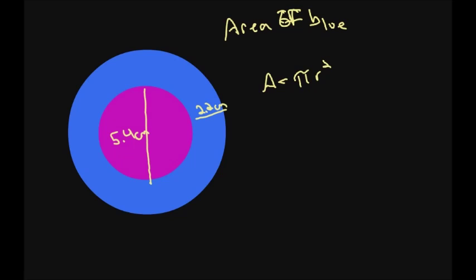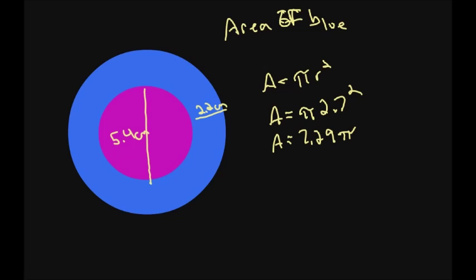Well, I have a diameter, so I'm going to take that 5 4/10 and divide it by 2, and get 2 7/10. So area equals pi times 2 7/10 squared. So I'm going to square that radius, and I'm going to get 7 29/100 pi. I'm going to leave it that way for right now.